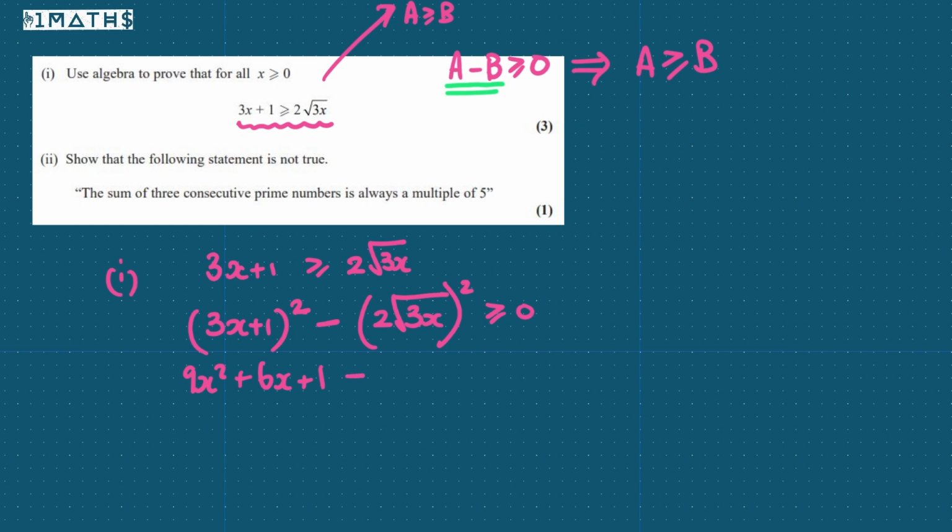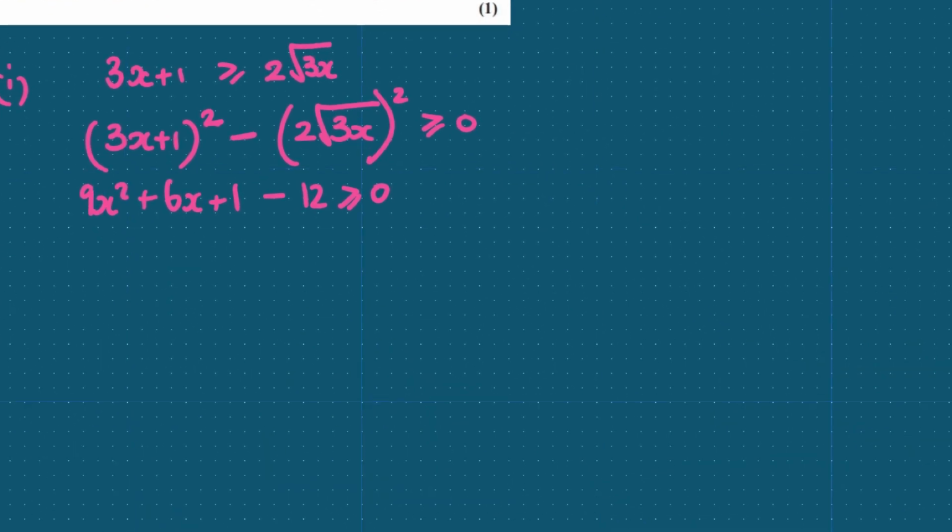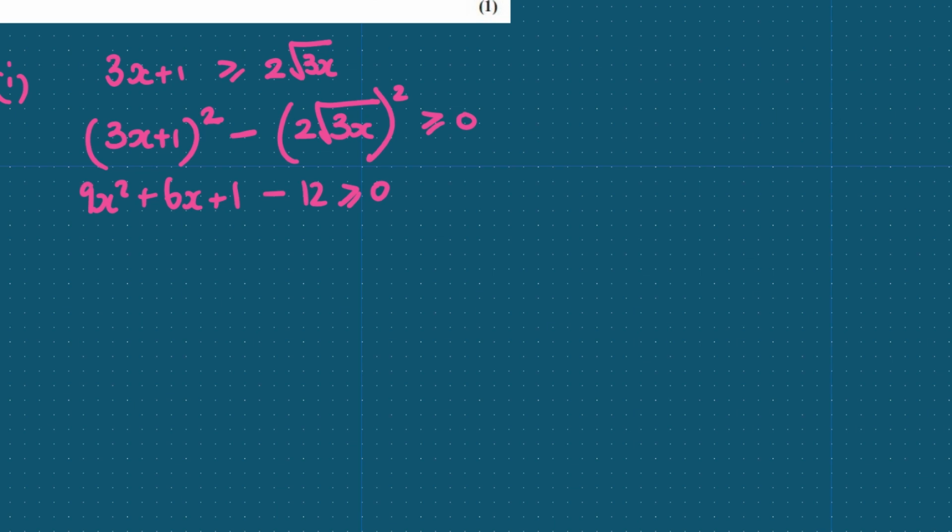Subtract, well, 2 squared is 4, and root 3x all squared is just 3x, so 4 times 3x is 12x, which is greater or equal to 0. This then simplifies to 9x squared take 6x plus 1 greater or equal to 0, and there I can factorize this into 3x take 1 all squared greater or equal to 0.